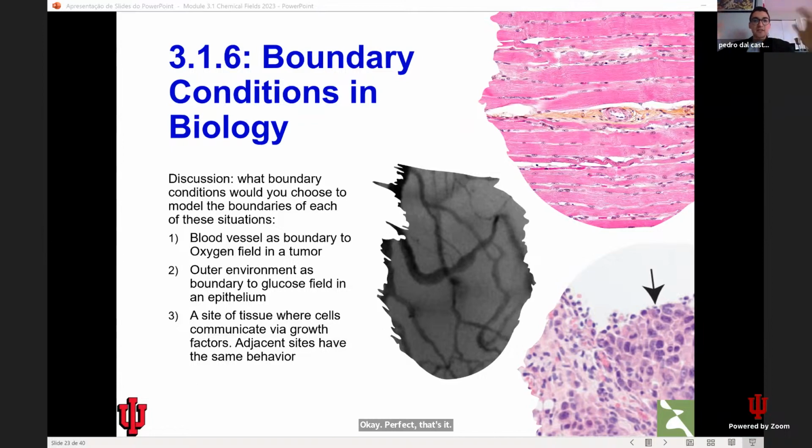And this raises a question. Does it make sense? I mean, one cell here in this boundary secretes a growth factor, and this cell here is sensing at a distance. So there is a communication at a distance. Does it make sense?